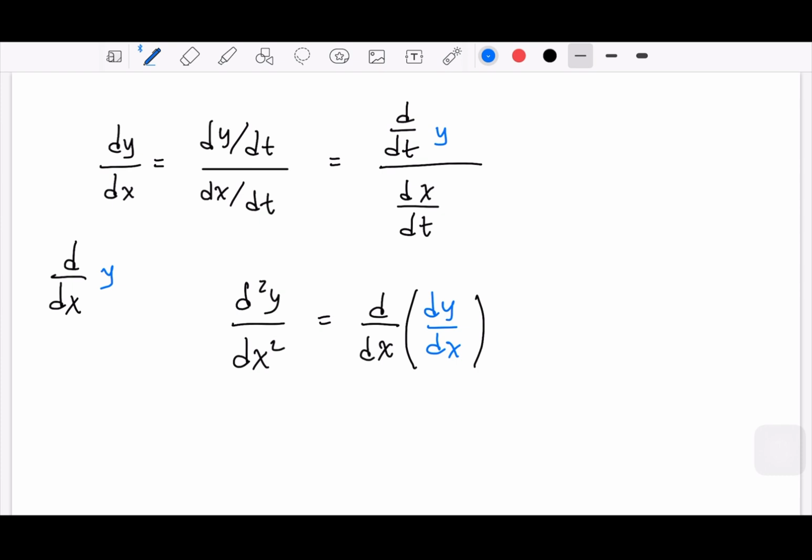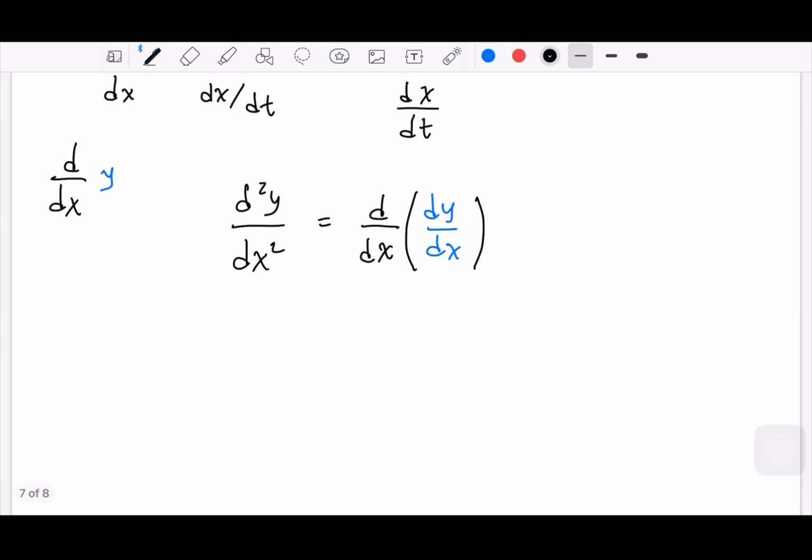So if we have d/dx of dy/dx, then we exchange this y with dy/dx. So the second derivative gives us the structure.